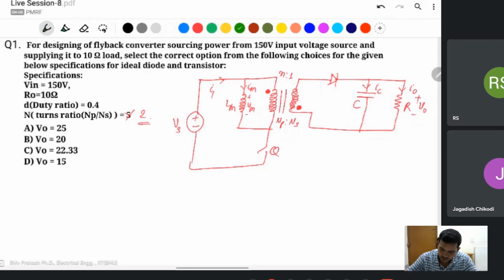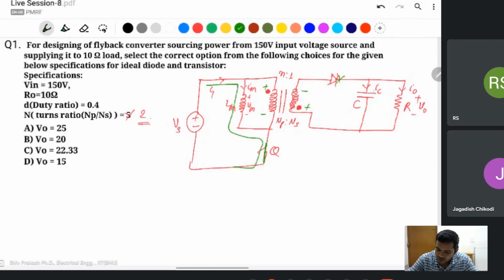Flyback converter working like that. If your switch is on, then coil stores the energy like this one, because of this one positive polarity. So dotted is positive, undotted negative, then diode will be reverse biased.